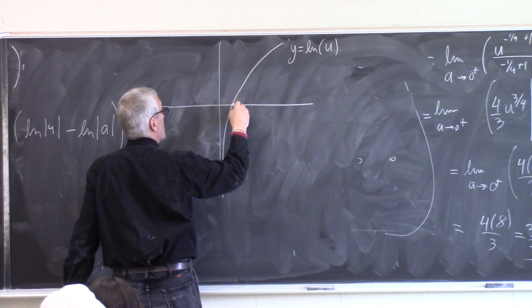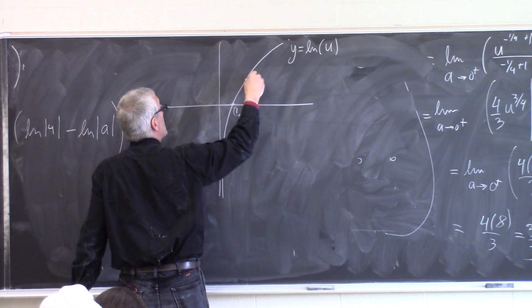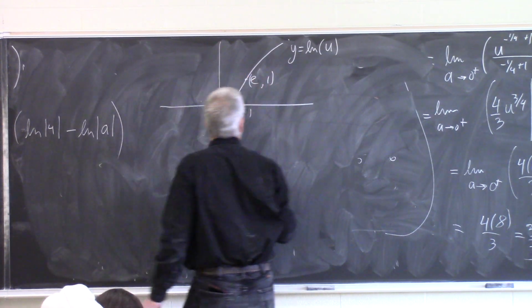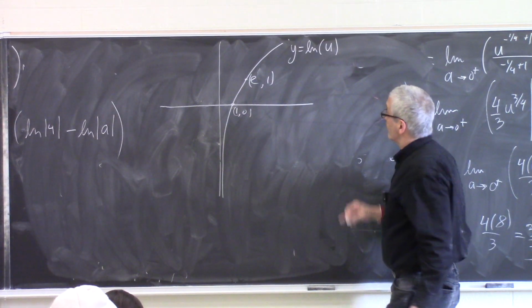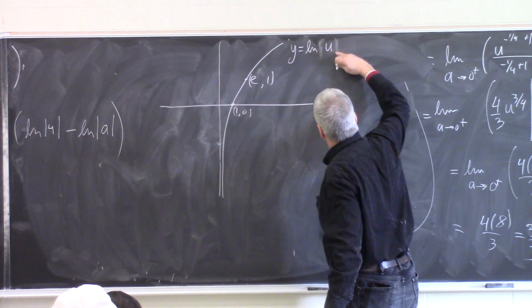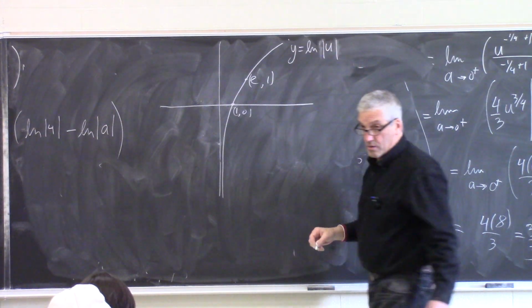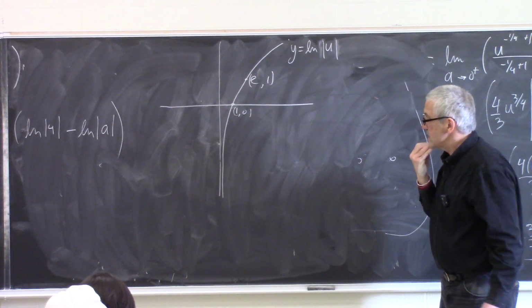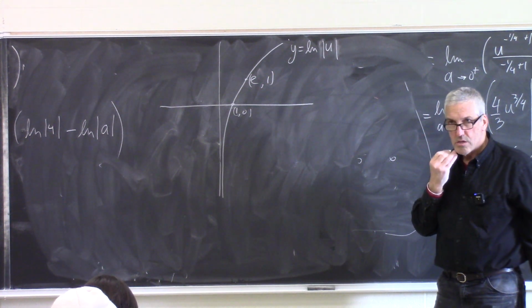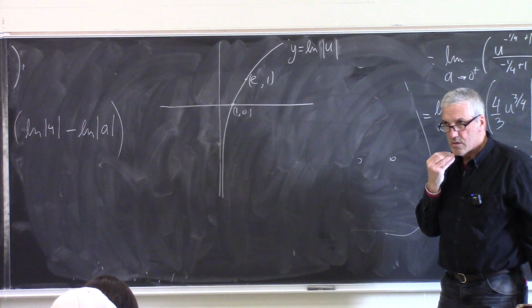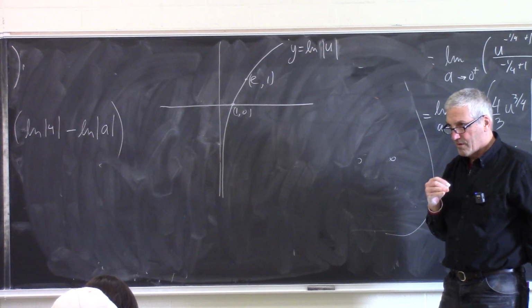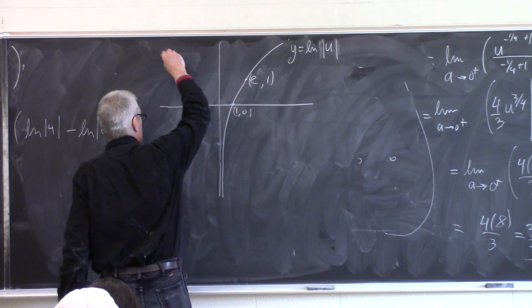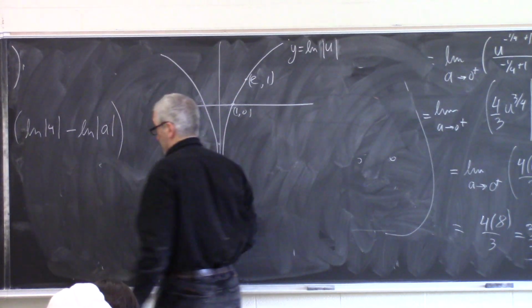It goes through 1, 0, goes through e, 1. Now what if I want to change this and make this the graph of ln of absolute value of u? What do I do? Kinsey? Does it reflect over the y-axis? Yeah. So this is the graph of ln of absolute value of u.